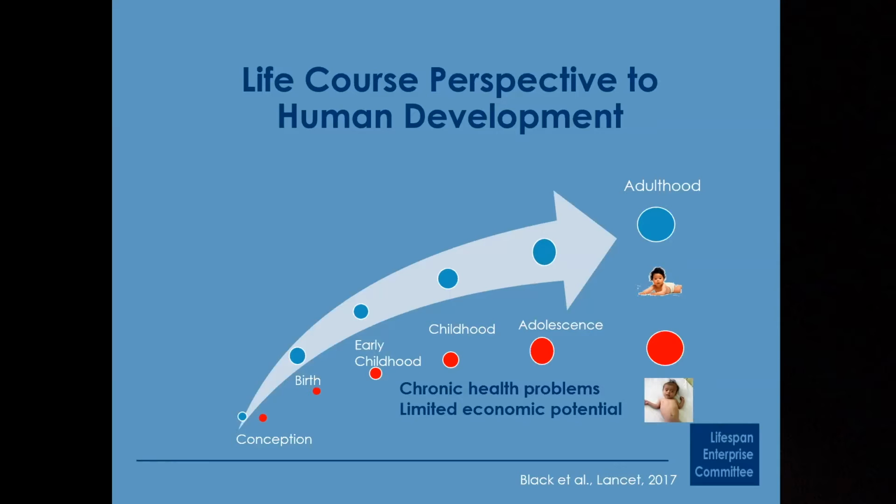And as you see illustrated by the red dots, the disparities can increase over time into the next generation, creating chronic health problems and limited economic potential. So the goal is to look at how we can reduce the disparities.